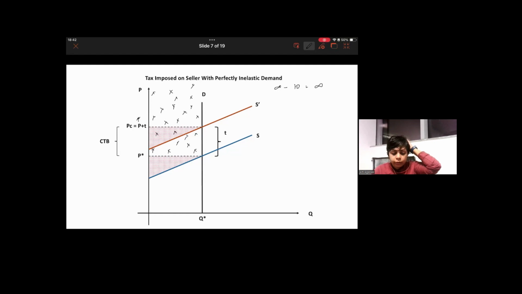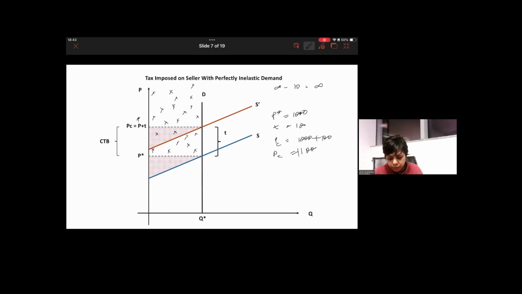So if you're getting it initially, say, suppose P star was 1,000 and T is 100, PC becomes 1,000 plus 100, so 1,100. Right, now how much is the surplus for this person?